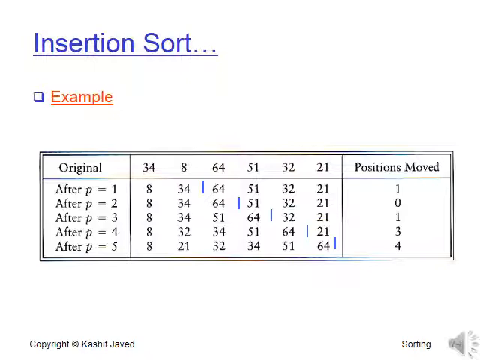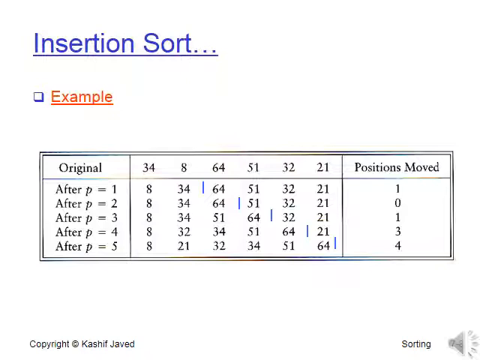In the original sequence, key 34 is at index 0. Key 8 is after key 34. Therefore, key 8 is compared with key 34. 8 is less than 34. Thus we swap the keys. Positions moved in this case is just 1. This sequence is after pass 1. Pass 2, we compare 64 with 34. 34 is less than 64.